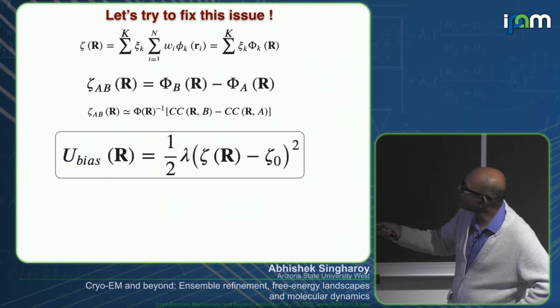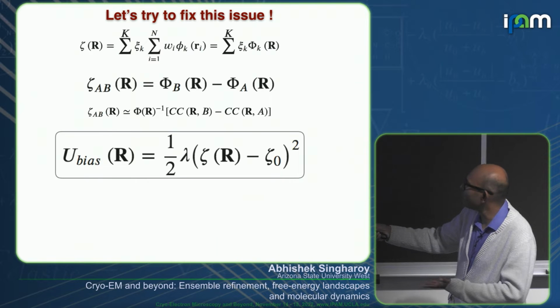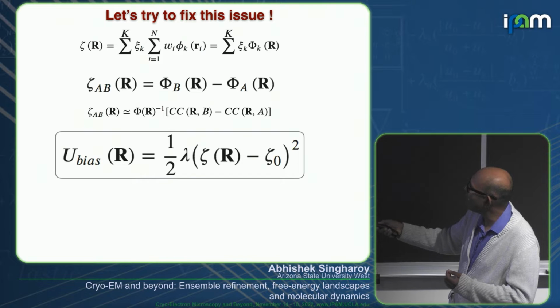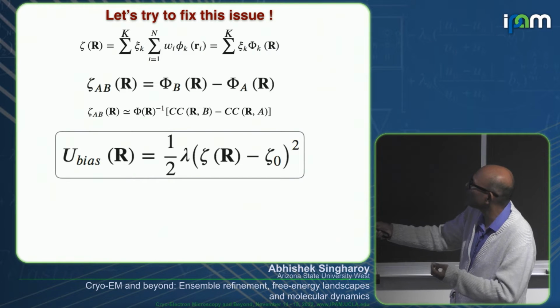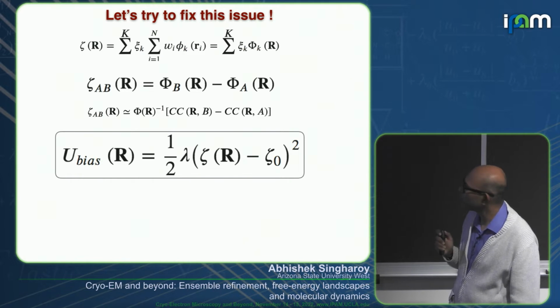Now, I can use this difference map between the densities as a harmonic potential. The difference map of these two densities can also be written in terms of the cross correlations of the two densities. Let's say I am at a point R that is between A and B. Then where I stand in that space is very close to the linear difference between Cc of R with respect to B minus Cc of R with respect to A. I take this object and I make a harmonic spring out of this.